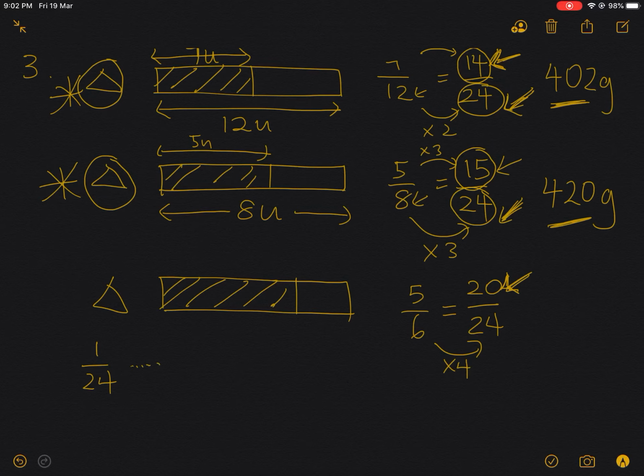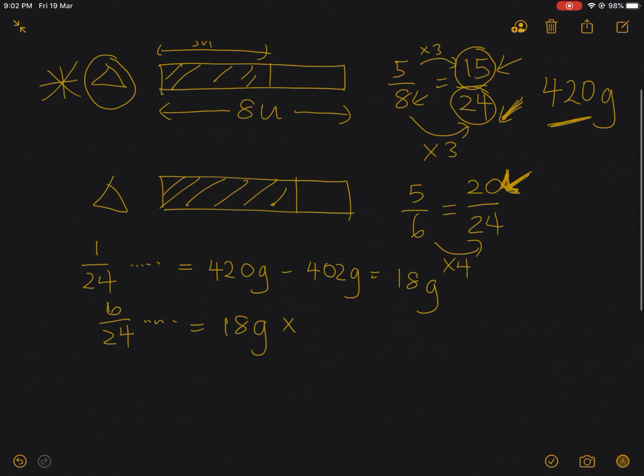So 1 unit of salt, you can find out the mass by taking 420 minus 402 grams, which equals 18 grams. So earlier on we realized that if we compare the first diagram, which is 14 units, with 20 units, which is what we are looking for, we just need to add on another 6 out of 24 of the salt by taking 18 grams times 6.